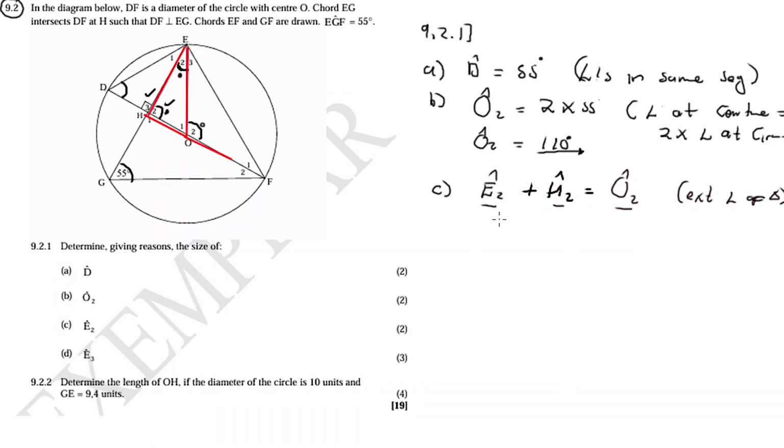E2, I don't know, plus H2, which is 90, equals O2, which is 110 degrees. So E2 is equal to 110 minus 90 degrees.